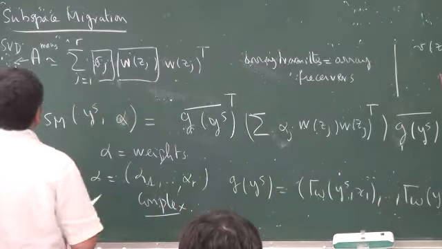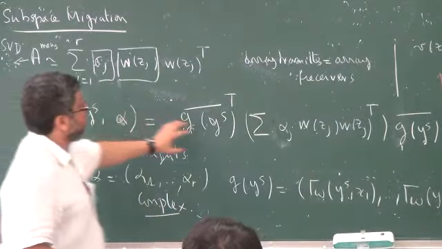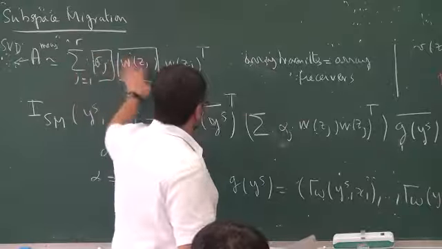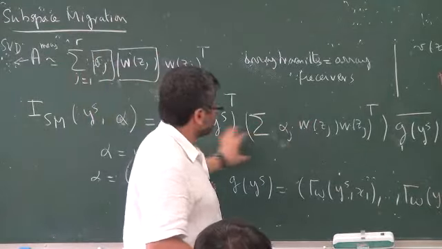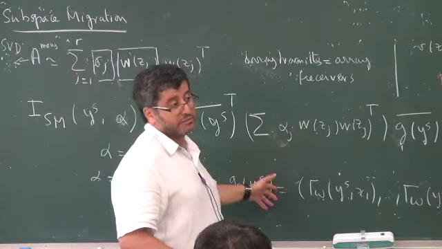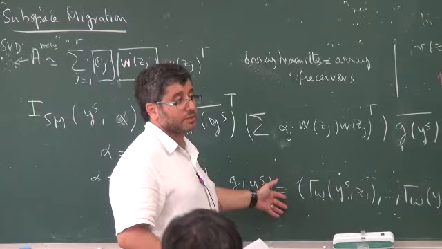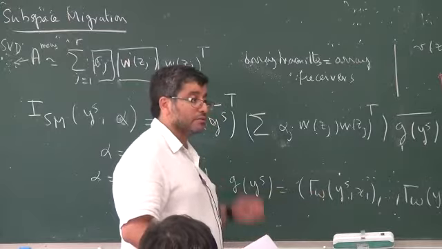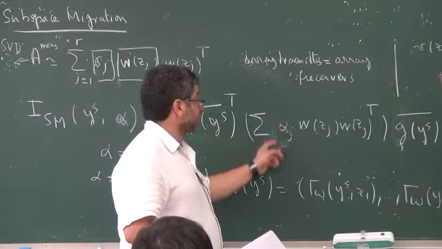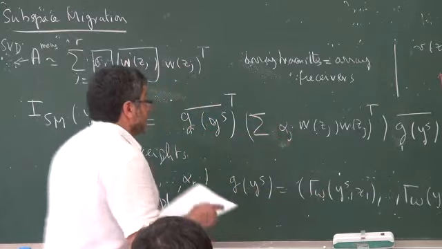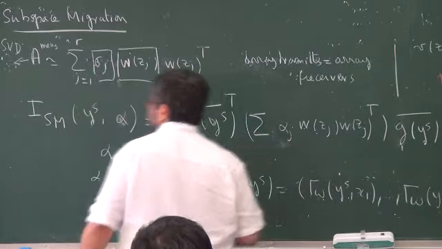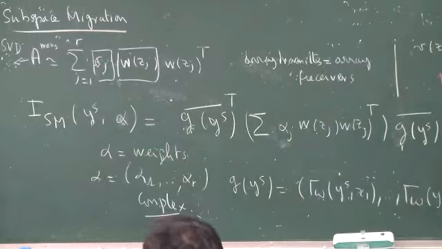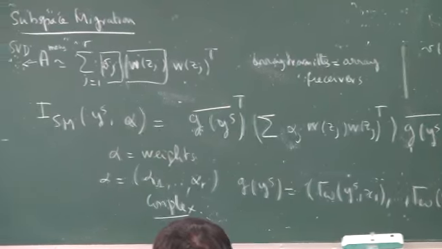So this is subspace migration. You use only the signal space of the matrix, and you project the Green function, the vector of fundamental solution at the search point. That's all. And you have here all of these choices. So one choice is you can use gamma G equal to the computed singular value.